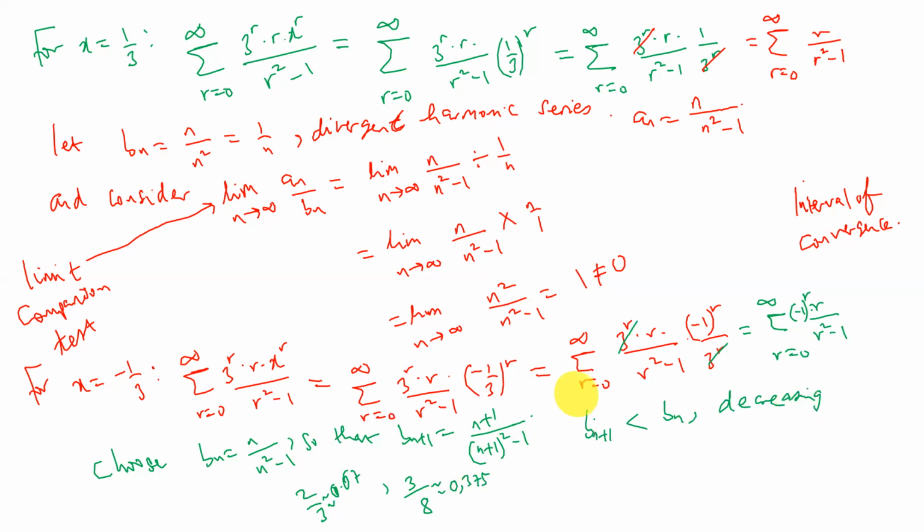Right, so if Bn is decreasing, but also we require that the limit of the Bn as n approaches infinity, so you take the limit as n approaches infinity. Bn is this one, n over n squared minus 1. So you have n over n squared minus 1.